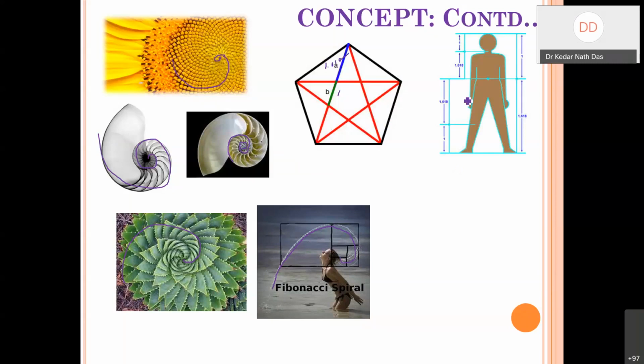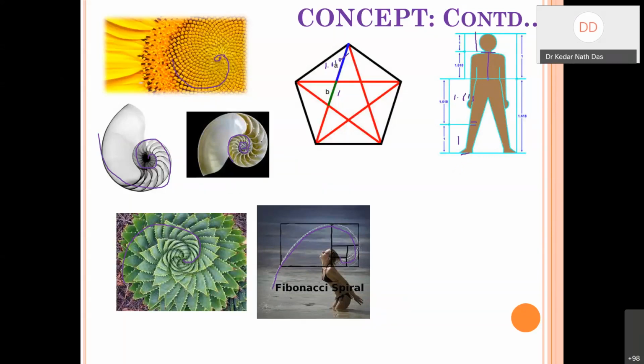Similarly, if I go for calculating the navel part in the body, to the upper part it is 1.618, whereas up to the neck, the upper part is 1. Similarly, from the foot up to the knee, this part is 1, and this to navel part is 1.618 for all, I can say an unbiased structure of the body.